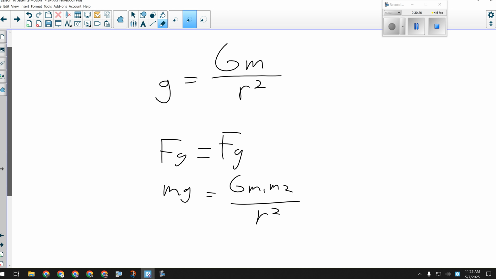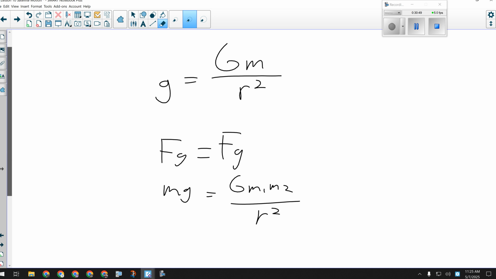Those two numbers should be equal, no matter where I am, right? But we don't always know what little g is. This relationship allows us to calculate it because all things fall at the same rate regardless of their mass.